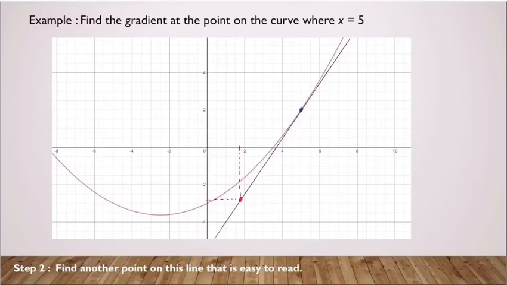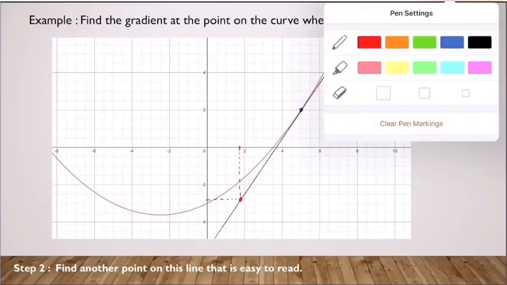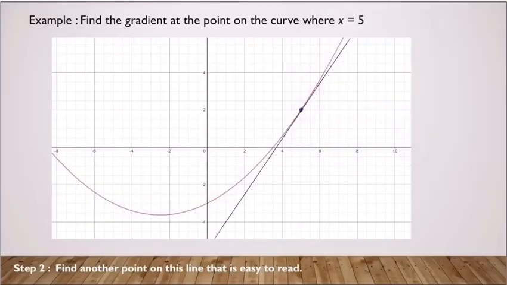What I meant by a point that's easy to read is, for example, like this. This point, the x-coordinate is easy to read. We know it's 1.